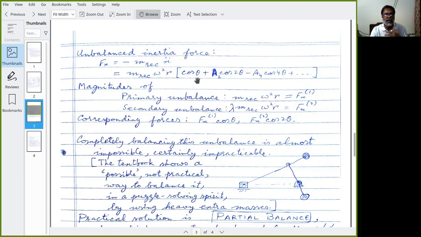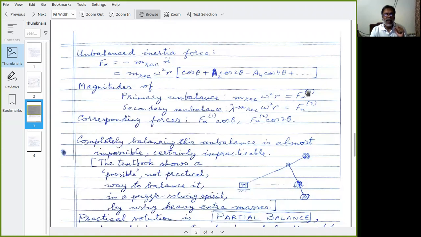As theta changes with time, the direction of the force is anyway along the cylinder axis. So the cos theta term does not give really the direction as such of the unbalanced force. It gives the phase. So the magnitude is this of the unbalanced primary force.